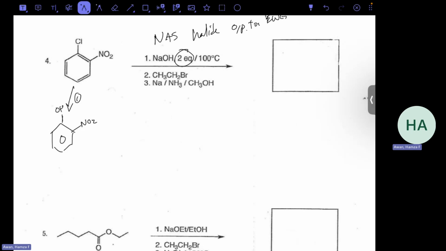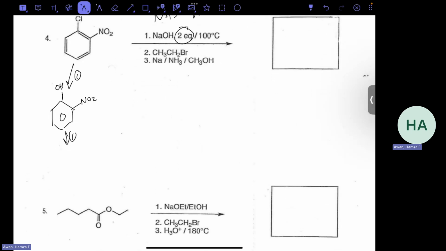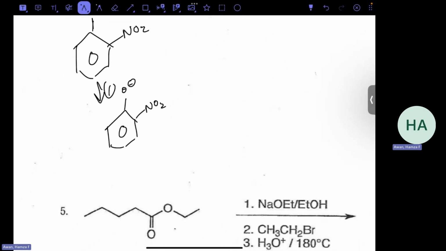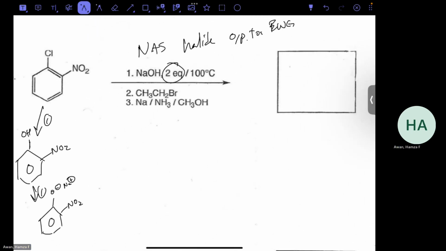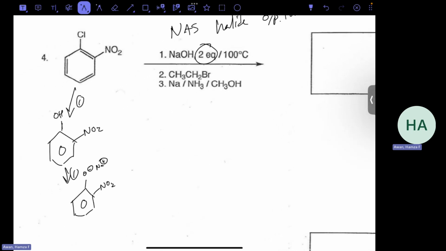And the second equivalence of the first step is going to take that H away, so it's going to become an O minus, right? You can put O minus Na plus. So O minus and NO2.